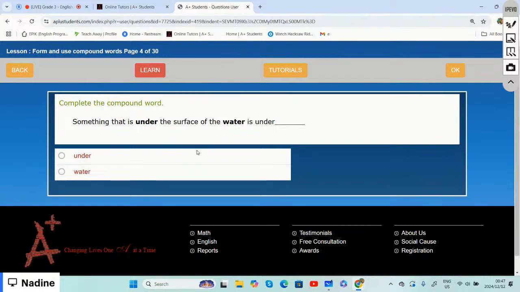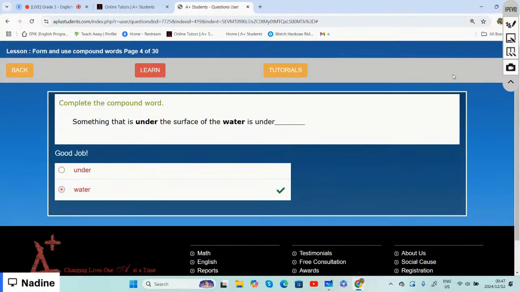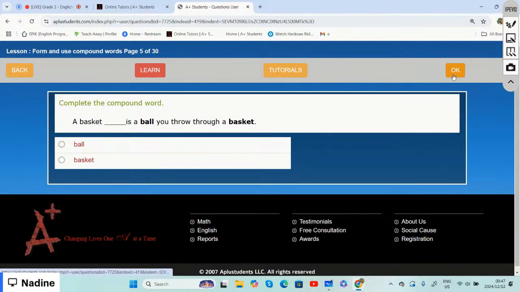All right. And if something is under the surface of the water, it is option one, so we will say it's underwater. Well done. All right, so that is the end of our lesson on compound words.